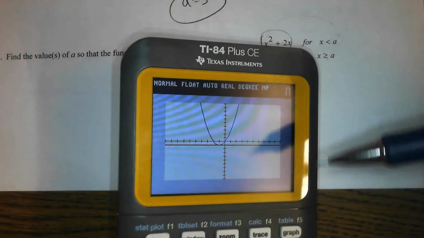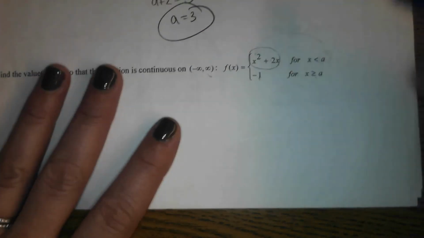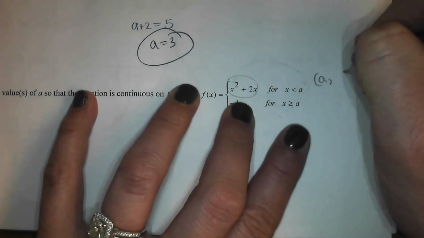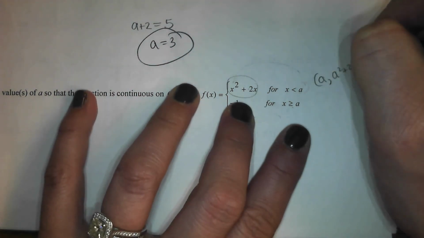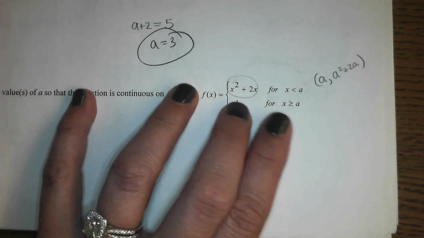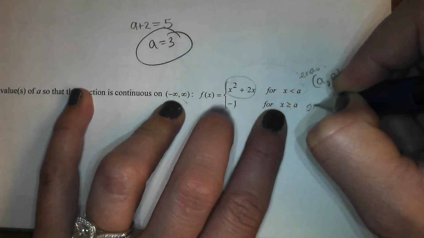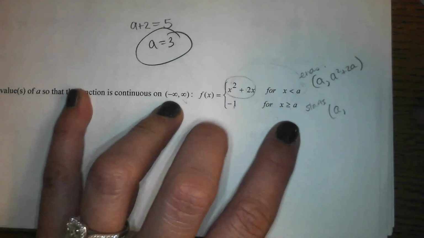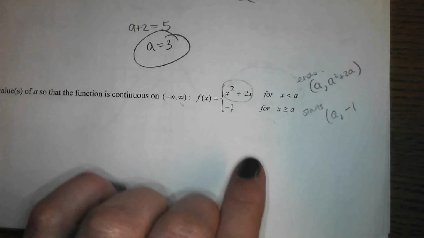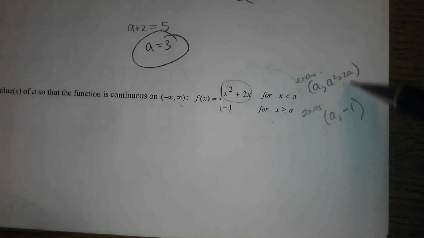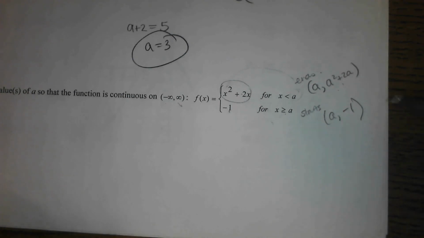So visually it makes sense, but algebraically, again, your input has to be a, and it would be a squared plus 2a, right? That's where that one ends. And this one starts at a comma -1. If we want to preserve continuity, we want those points to be matches. So we want those two y coordinates to be equal.